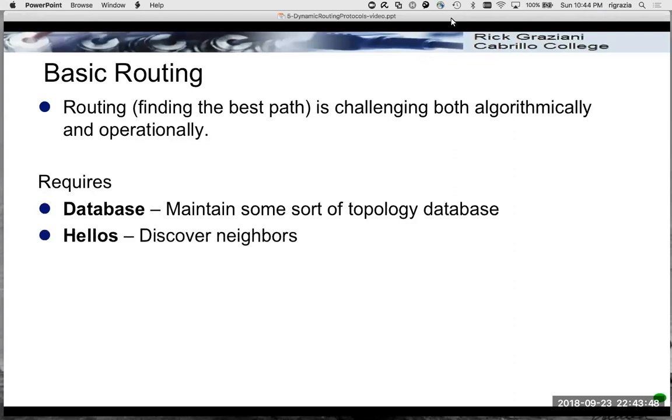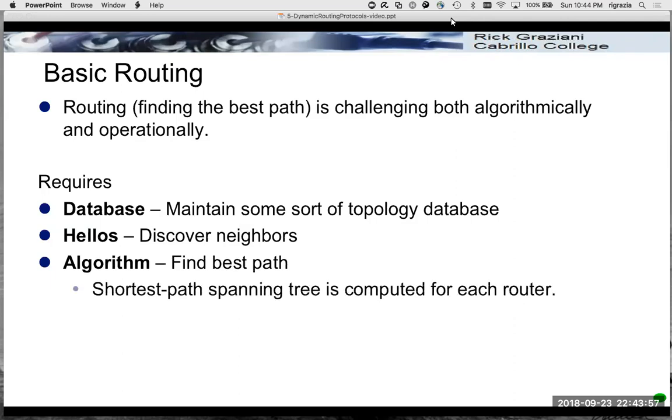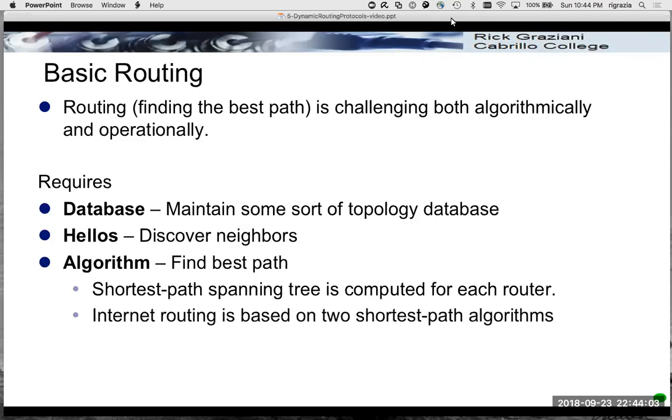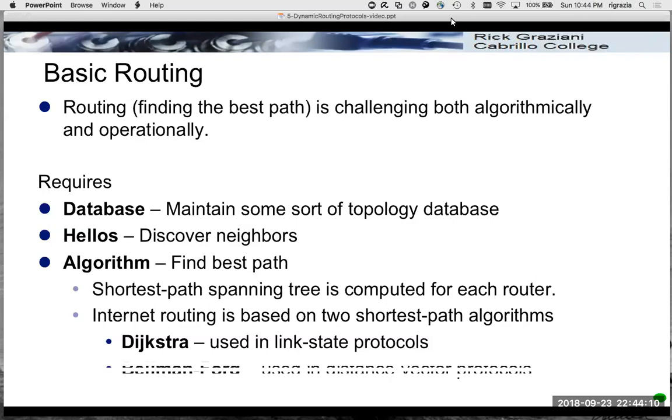It also requires hello messages to discover who our adjacent neighboring routers are and to maintain those adjacencies, and some sort of algorithm to determine the best path. Some sort of shortest path spanning tree is computed for each router.